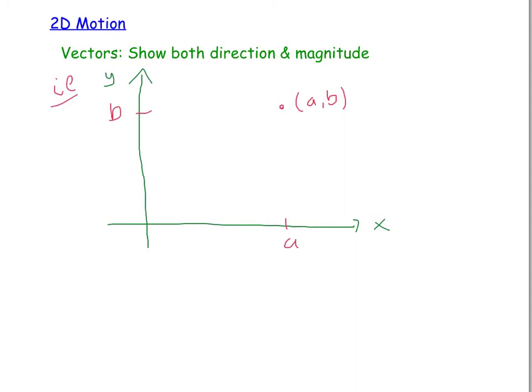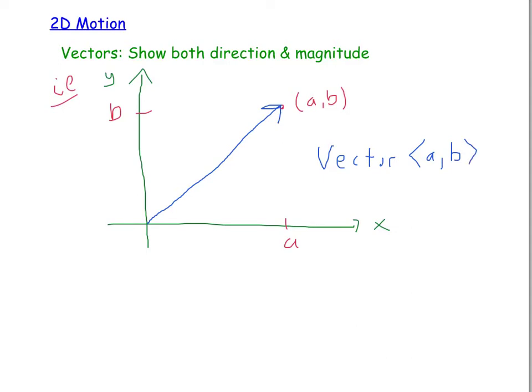But if we now take that same point (a, b) in the xy plane, and I'm now going to draw an arrow that goes from the origin to that point, we now have the vector ⟨a, b⟩.